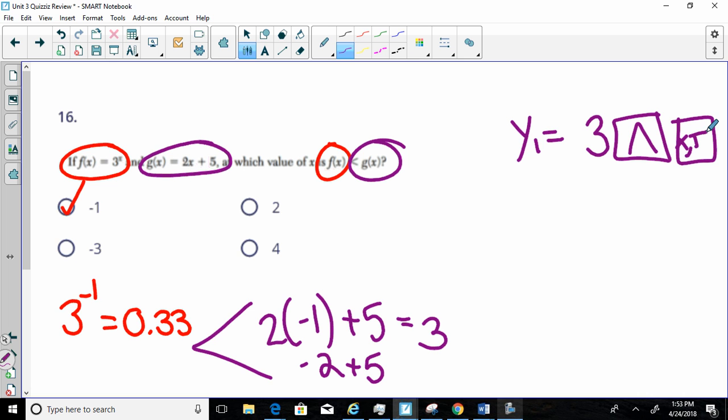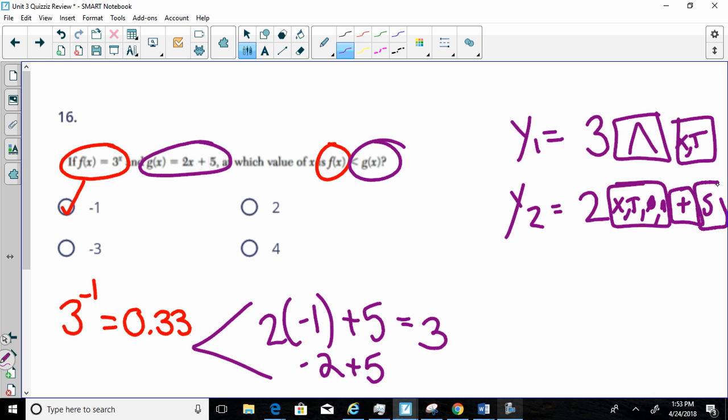And then the second y, you would do 2, that x button, plus 5. Then you do second graph to see a table. And so you would just go to each of these x's, because it says the value of x, on your table and figure out when would the first one be smaller than the second one. Does that make sense?